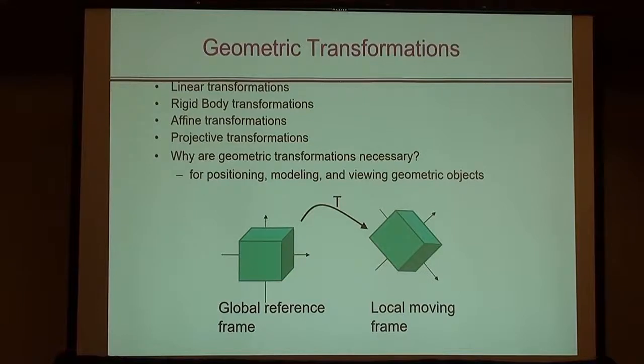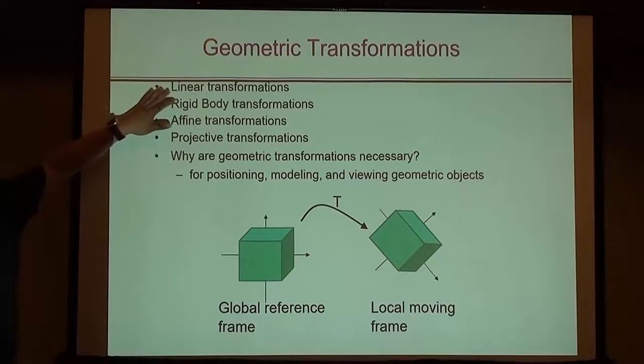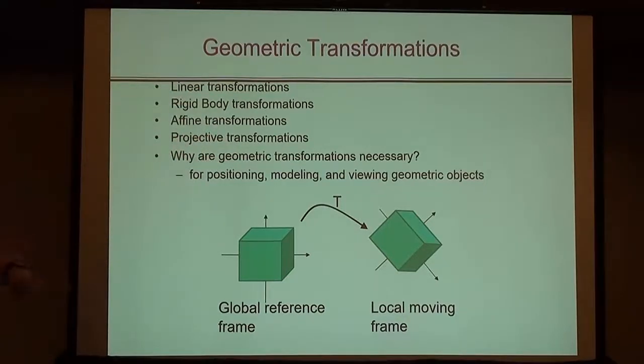More on geometric transformations. The most general one is linear transformations, which means the matrix elements are linear. Then we have rigid body transformations, which are a subset of linear transformations that preserve the distance between 2 points.